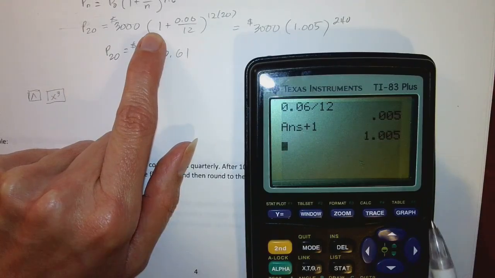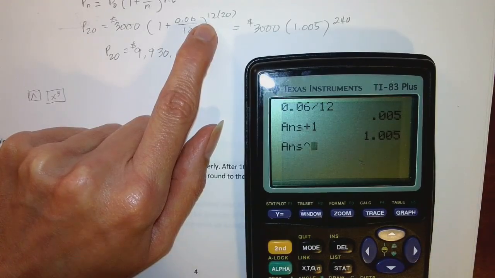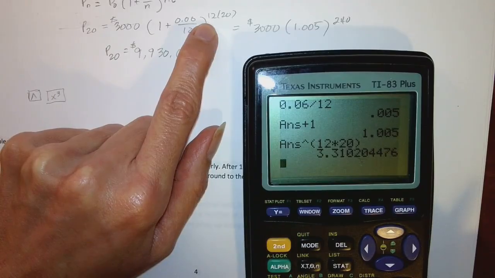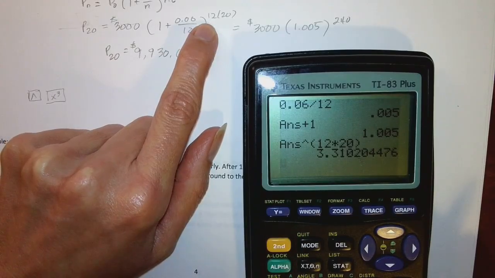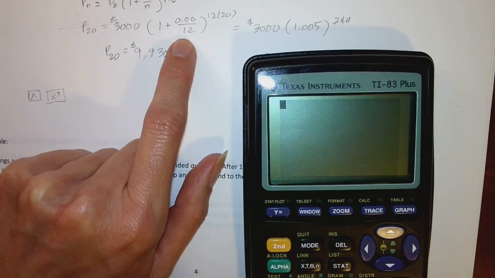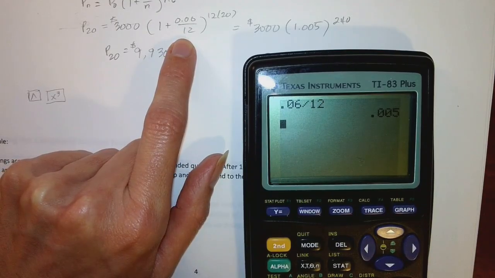And then now I want to raise it to the 12 times 20 power. Let's try this again. 0.06 divided by 12.